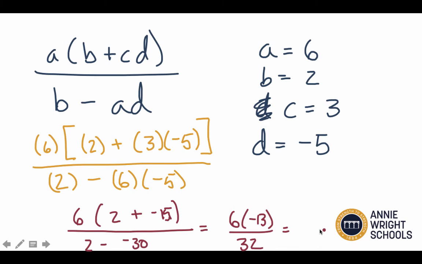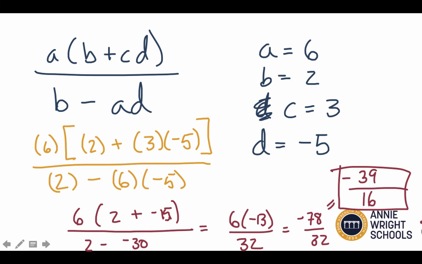I'm reaching for a calculator to double check, and I get negative 78 divided by 32. I always want to reduce my final fraction. I see a factor of 2 there, so I'm going to divide by 2. 78 divided by 2 is 39, so 39 divided by 16, and it's negative, and I'm done.